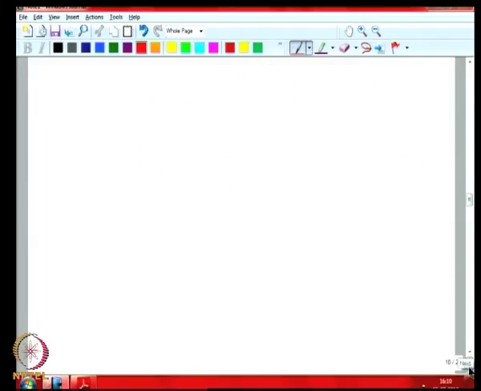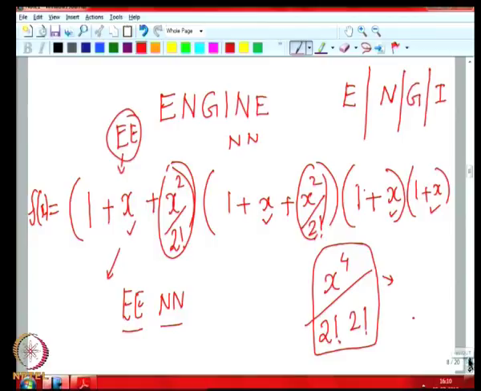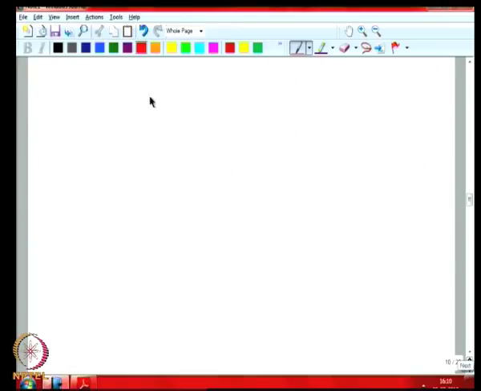Now the same way for any possible selection. To make the x raised to 4, you may take 1 from here and 2 from here and 1 from here, say, and nothing from here. That means an x comes from the first term, then x square by 2 factorial comes from the second term, and x comes from the third term, and 1 comes from the last term.